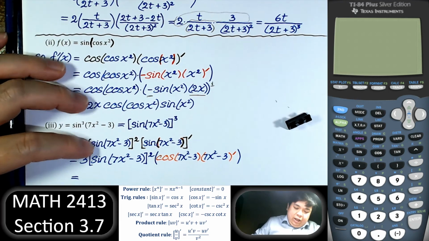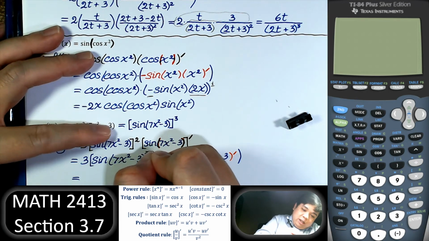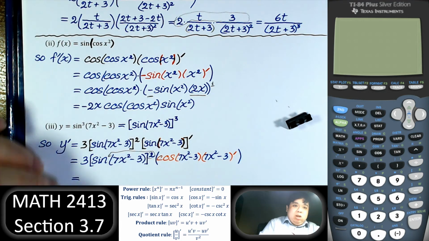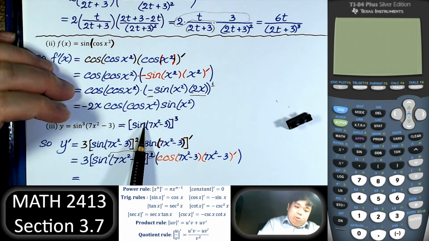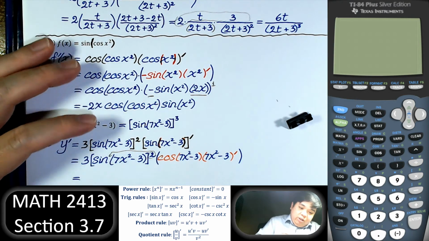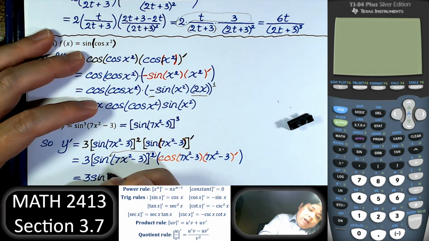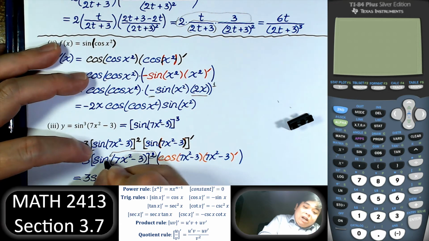By the way, when we write the power like this, we can move the power to the top of the trig function. So we say 3 sine squared. When we write it like that, we don't need the bracket.